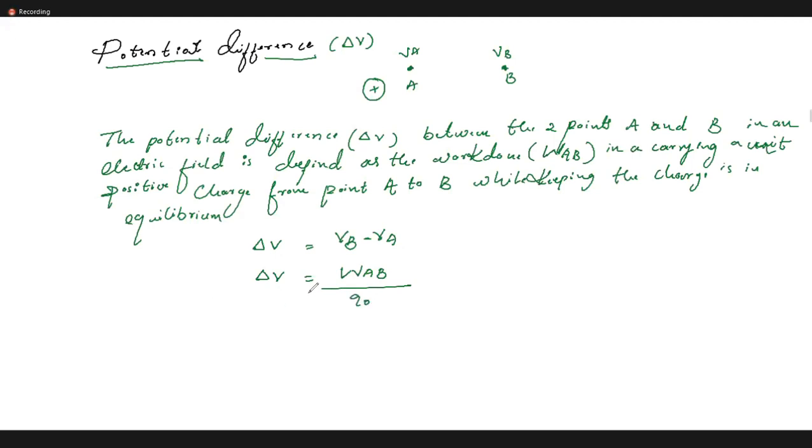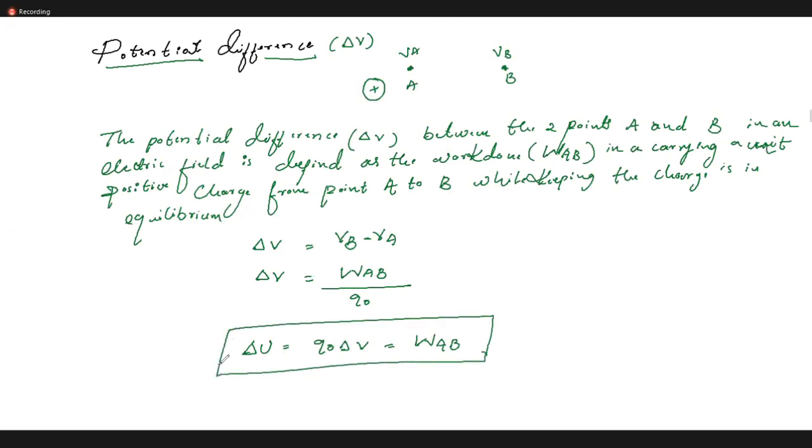Here VA and VB are the electric potentials at points A and B. Then we can write delta U equals Q naught into delta V, where I consider the work done as some energy. This is equal to WAB. So this is the electrostatic potential.